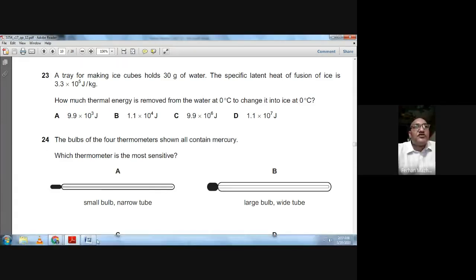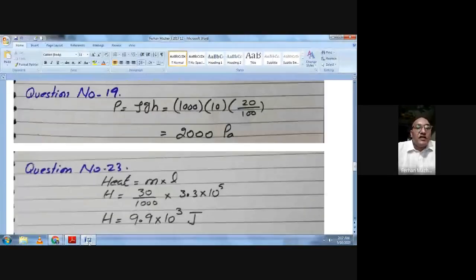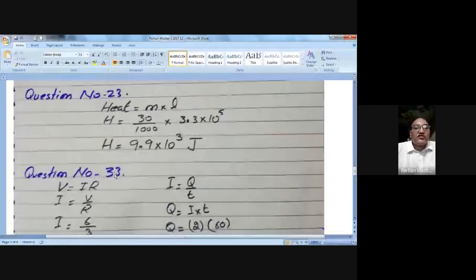I've done this on paper. Let me show you my work. Heat is equal to mL. The mass will be 30 divided by 1000 to convert grams into kg, multiplied by the given specific latent heat of fusion, 3.3 × 10^5.